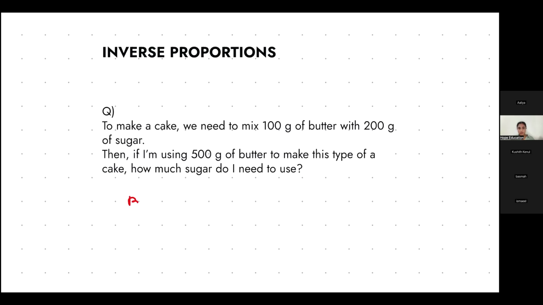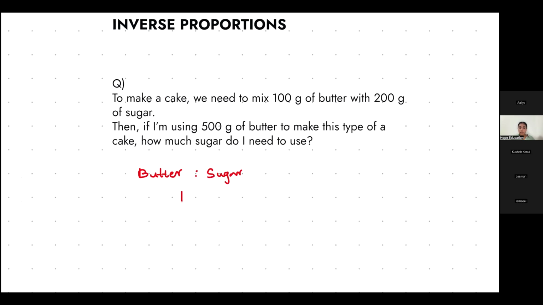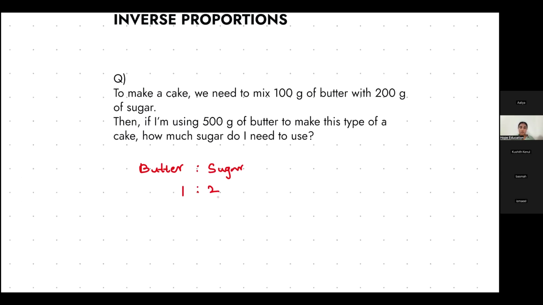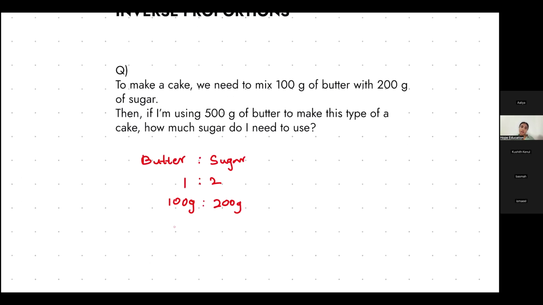Butter to sugar ratio is 1:2. Therefore, if I'm using 100 grams of butter, I have to use 200 grams of sugar. In the same manner, if I'm using 500 grams of butter, that's double, that means 1,000 grams or 1 kg of sugar I have to use.